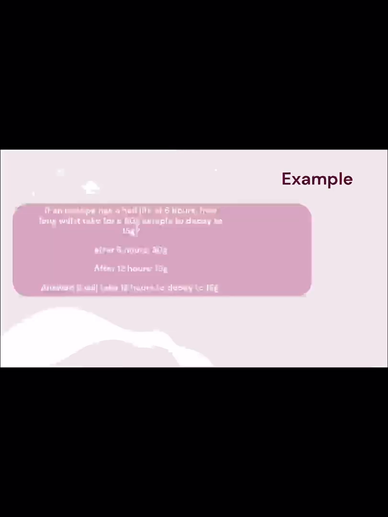All right, another example: an isotope has a half-life of 6 hours. How long will it take for a 60-gram sample to decay to 15 grams? So since the half-life is 6 hours, I know that after 6 hours, I only have 30 grams left. I've lost half of it. After another 6 hours, I've lost half of that.